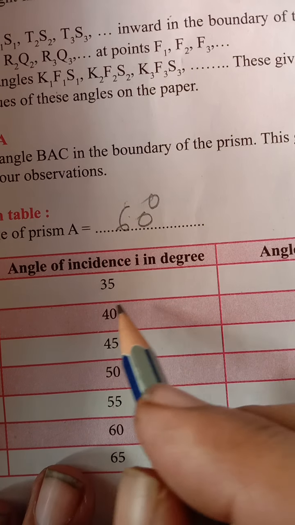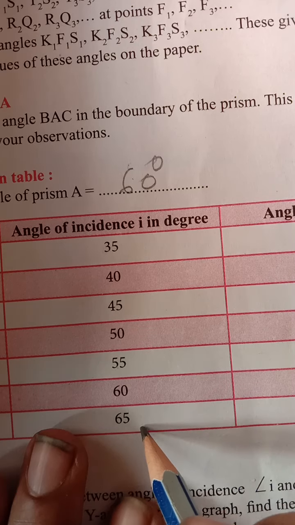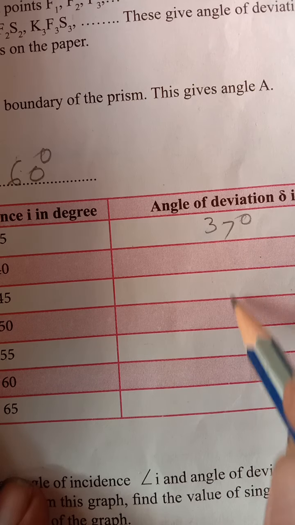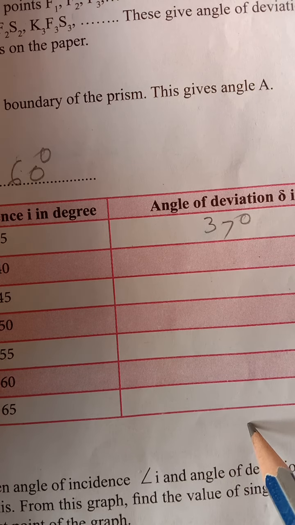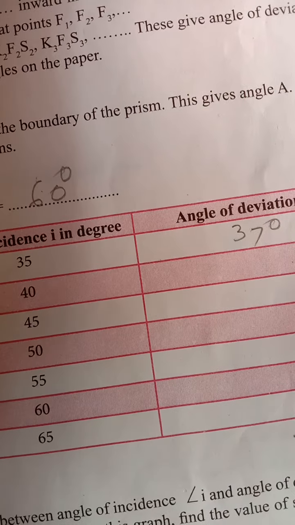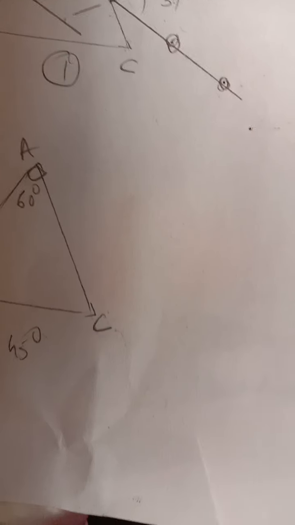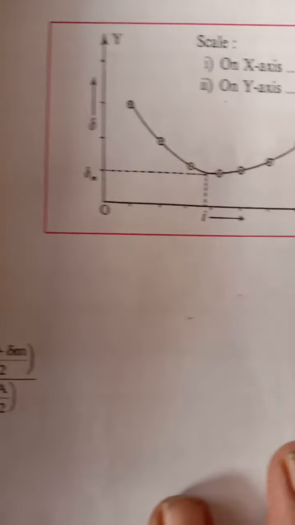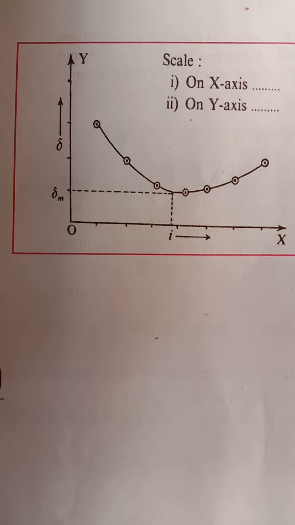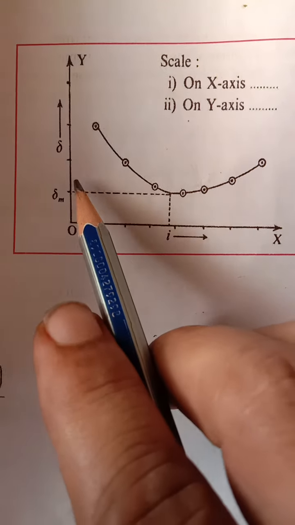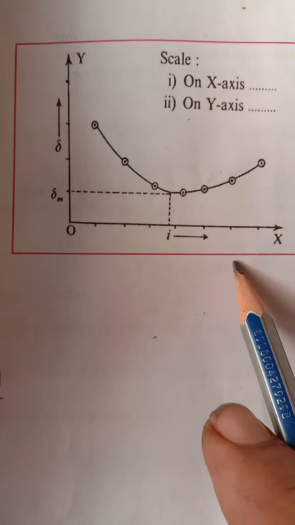For the remaining angles, 40 to 65, in the similar manner we have to find out the angle of deviation, and afterwards we will have to plot the graph of angle of deviation against angle of incidence.